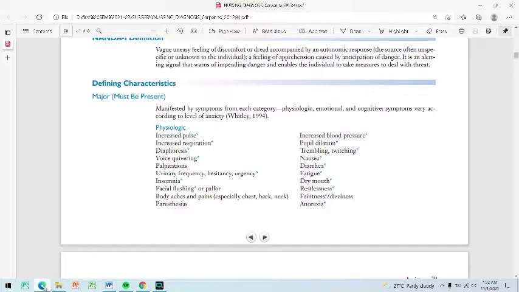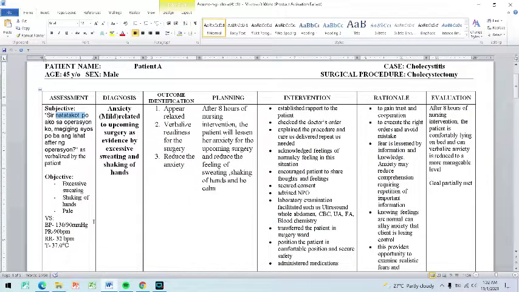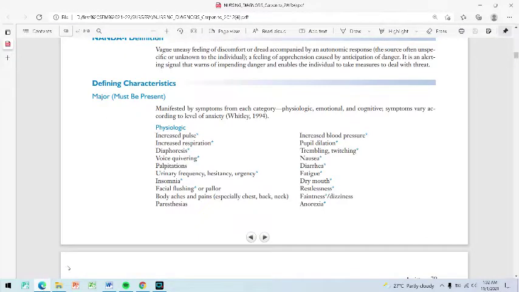So here, let's look at the work of the student. He only wrote excessive sweating, shaking of hands, and pale, which are also written in the NANDA. Excessive sweating, that is diaphoresis. Shivering of hands, okay, let's look at shivering.